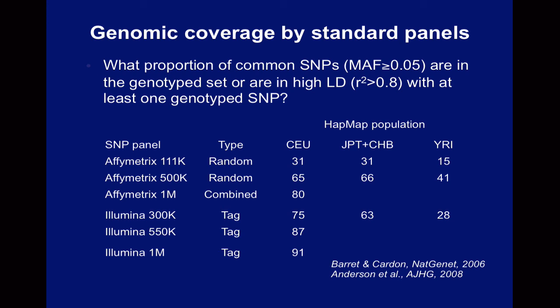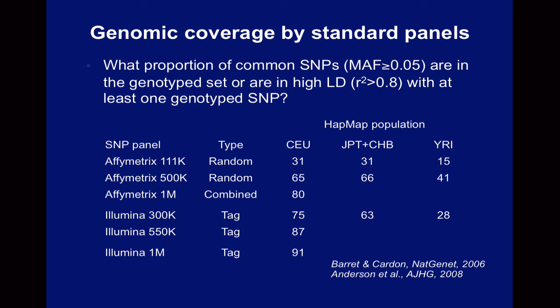Here I am going to present the coverage numbers for a few standard panels. Unfortunately, this slide was not updated for a while. Currently we have bigger arrays, and here by coverage I define the proportion of common SNPs which are either on your SNP array in the genotype set or are in high linkage disequilibrium of R square of 80% or more with at least one of the genotyped SNPs.